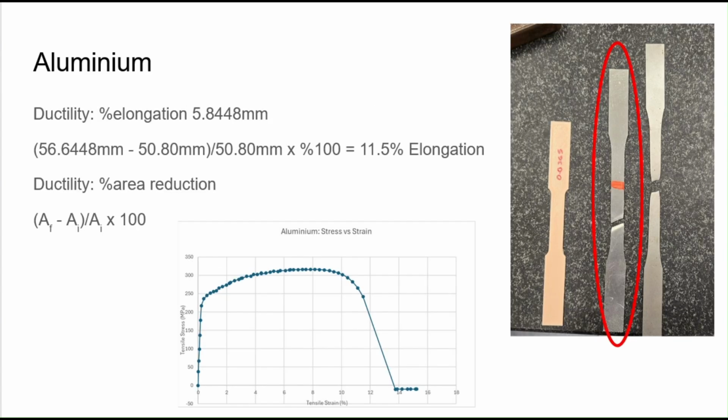We then have the ductility, which is 5.8448 millimeters. We then take 56.6448 millimeters, subtract 50.8 millimeters, and put it all over the 50.8, multiplied by 100, and we get 11.5% for the percent elongation. We get this percentage from the area final minus the area initial all over the area initial times the 100.